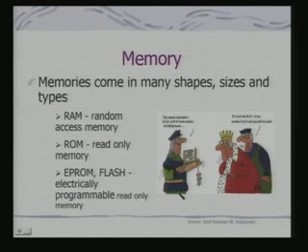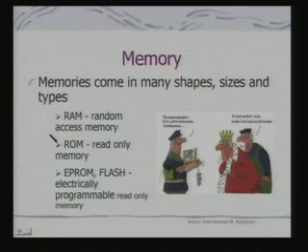Memories come in many shapes and sizes, and the technology changes. This is a cartoon which says that today I can have a technology with certain features, but tomorrow it may change drastically. And this is true with memory, with continuous evolution in the technologies that are going into their manufacturing.